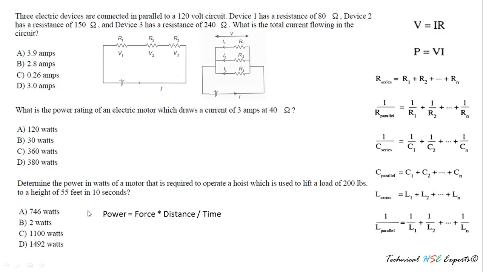And let me know the answer for this question. Determine the power in watts of a motor used to operate a hoist, which is used for an equivalent of 200 pounds of energy within 10 seconds.